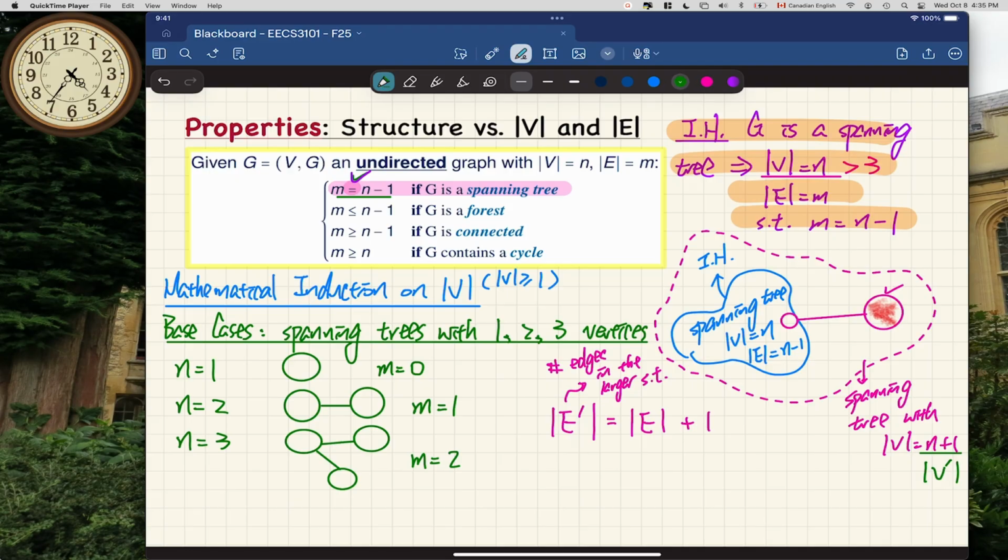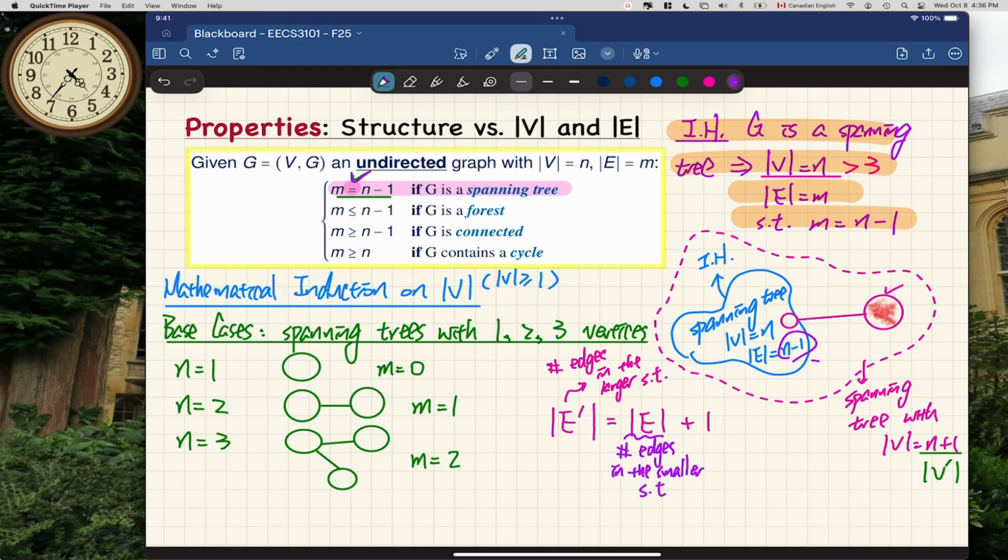So this part here is the number of edges in the smaller spanning tree. How many are there in the original one? According to the inductive hypothesis, n minus 1, right? That's where we're going to use it.